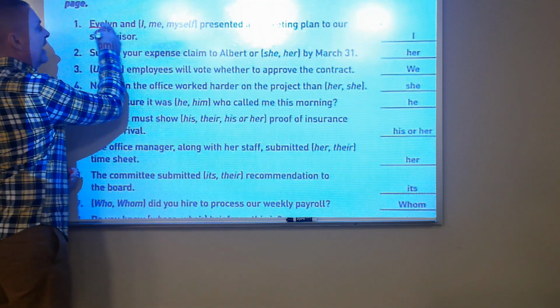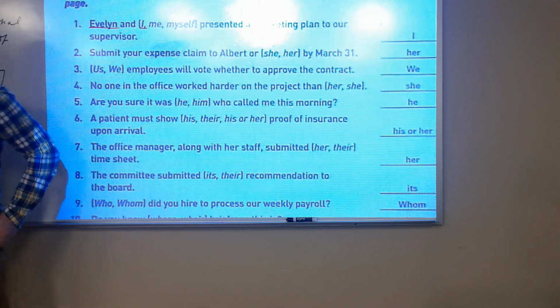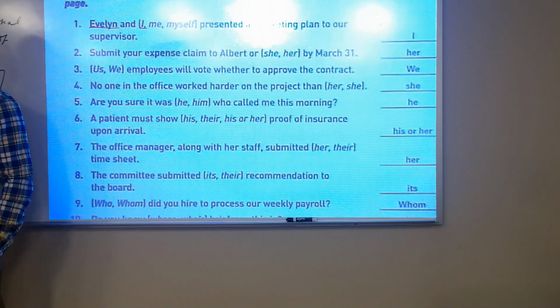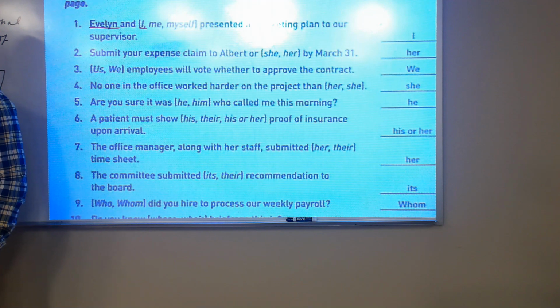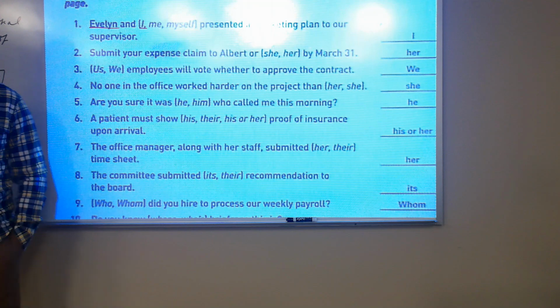Evelyn and I. That myself is a reflective pronoun, and generally should not be used unless you are trying to make it reflective. If I said, I myself agree with that procedure, and you're repeating yourself, then it's probably a little bit more okay. But if you can avoid it, say, I agree with the procedure and get rid of the reflective pronouns altogether if you can.